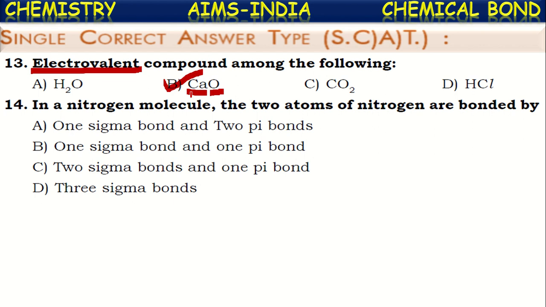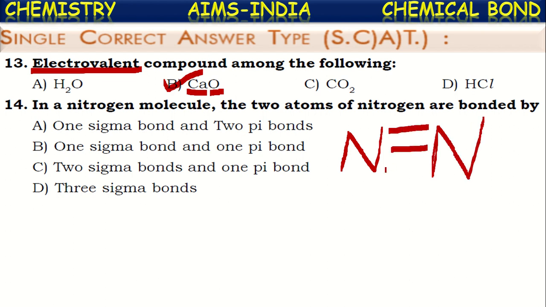Next one. In a nitrogen molecule, the two atoms of nitrogen are bonded by. So what type of bonds are present in the nitrogen molecule? We know in the nitrogen molecule, each nitrogen atom contributes 3 electrons for bond formation, and hence they form a triple bond between those two.